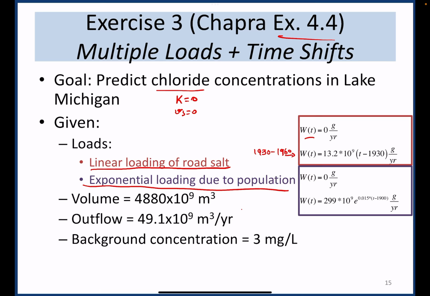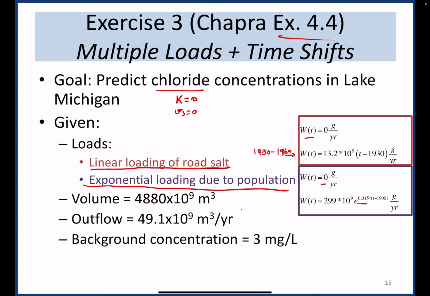You can see from the question that it's a linear loading. Let's look at the other loading, which initially was 0, and later on is 299 times 10 to the 9. You can see here this is the slope, e to the power 0.015 (t minus 1900).